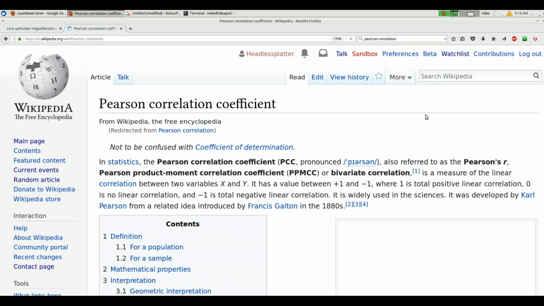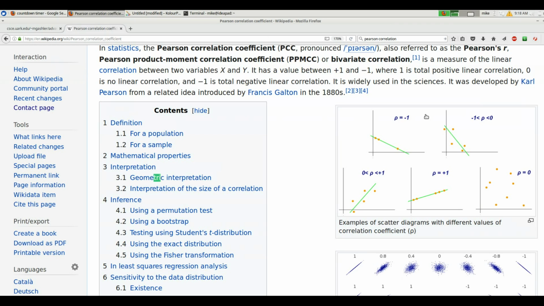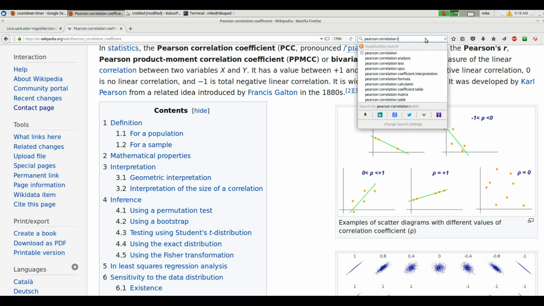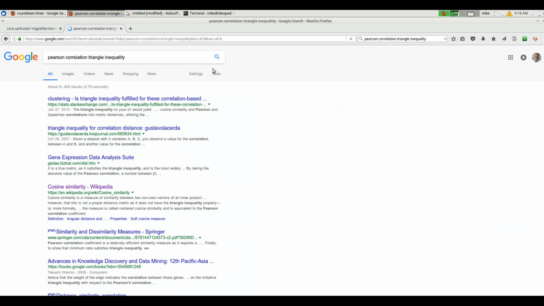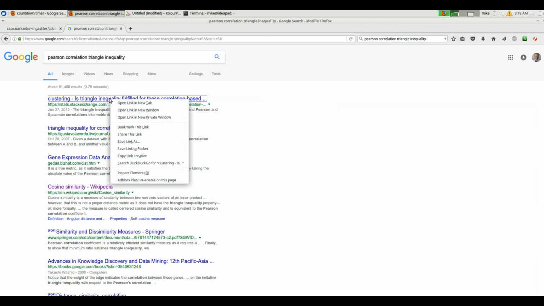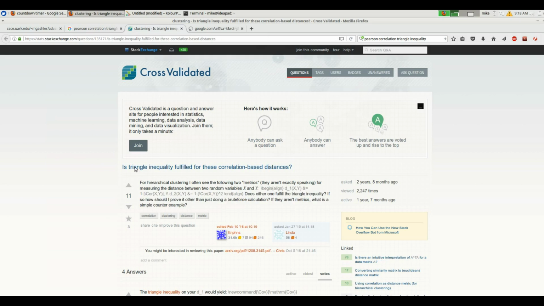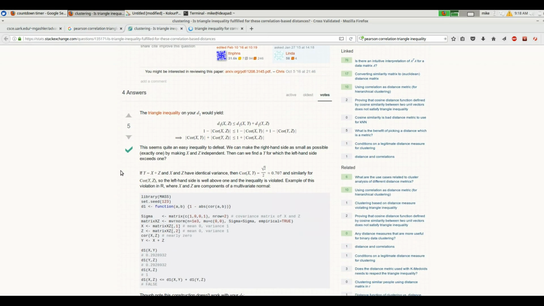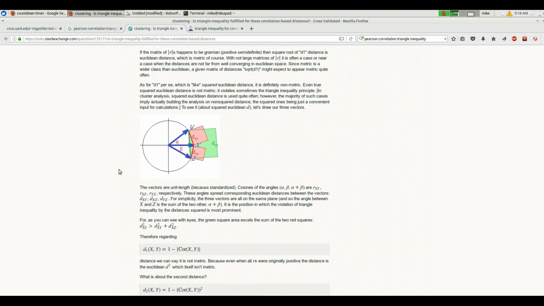Okay, Pearson correlation. Let's find out if this is a proper distance metric. Triangle. Oh, come on. Somebody needs to update the Wikipedia page to specify whether or not Pearson's correlation coefficient follows the triangle inequality. Let's see if Google knows. Somebody's going to make charts for us, and there's a bunch of words, and I'm sure the answer is in there.